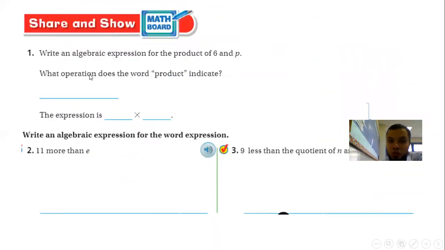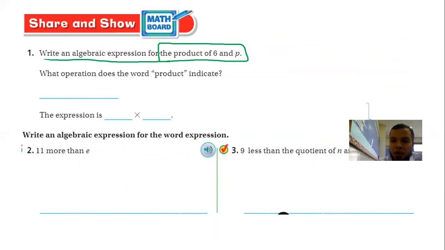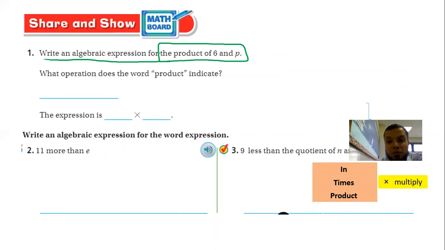Let's solve a share and show question. Write an algebraic expression for the product of 6 and p. Yeah, it's an easy question. We have studied the meaning of the words times and product. They mean multiply.